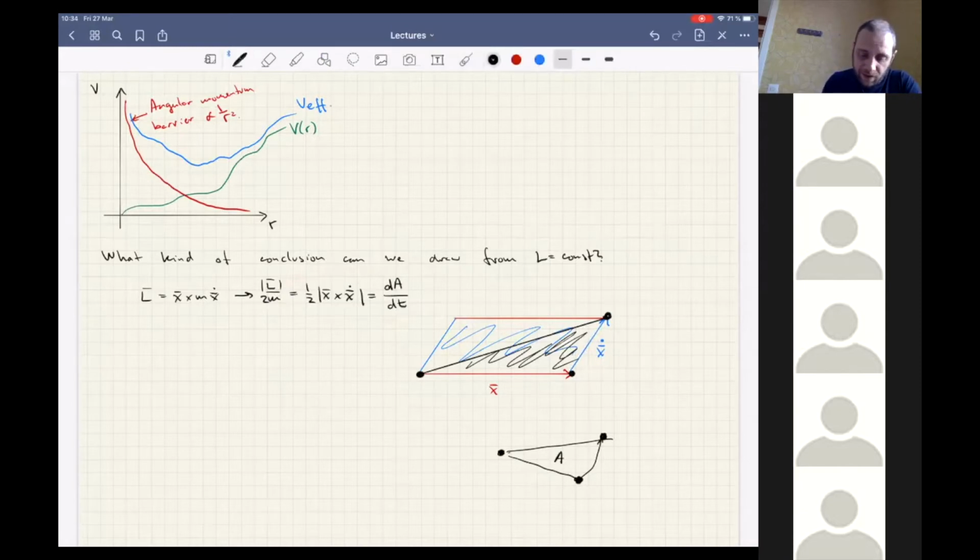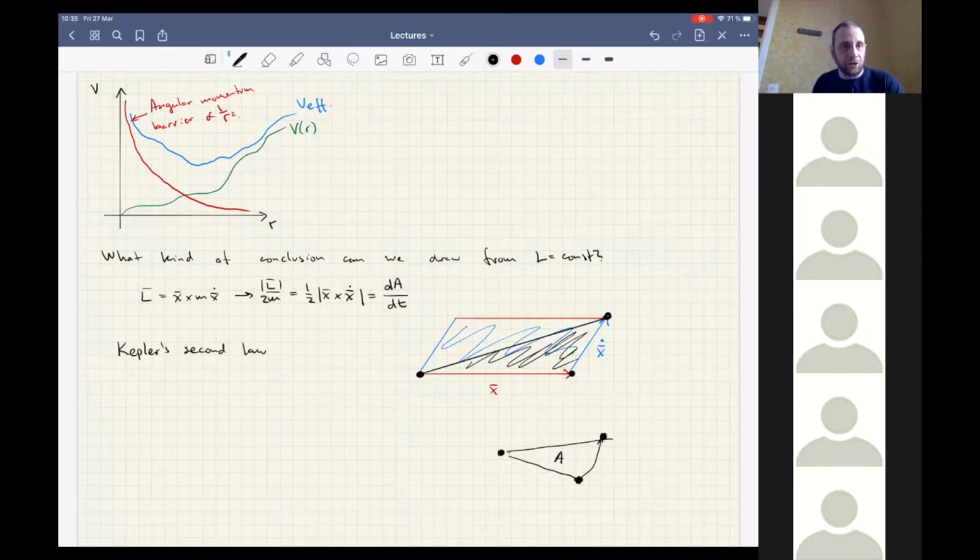So this means that this area swept per time is constant, because L is constant and m is constant and 2 is constant. So this is Kepler's second law, which just tells you that the area swept per time unit is going to be constant.